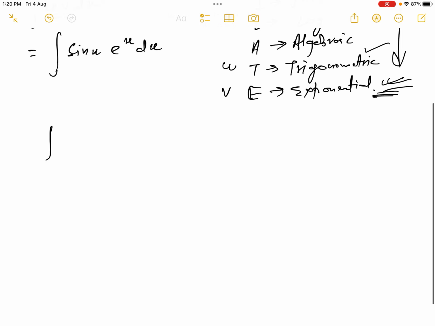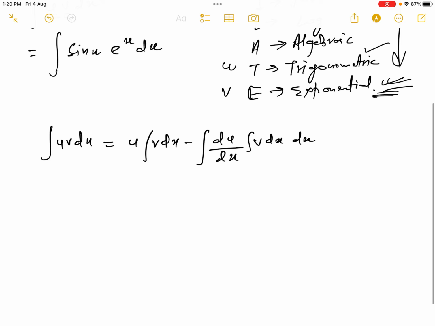We already know that the integral of uv dx is equal to u times the integral of v dx minus the integral of the differential of u times the integral of v. So let's put the values in this formula.